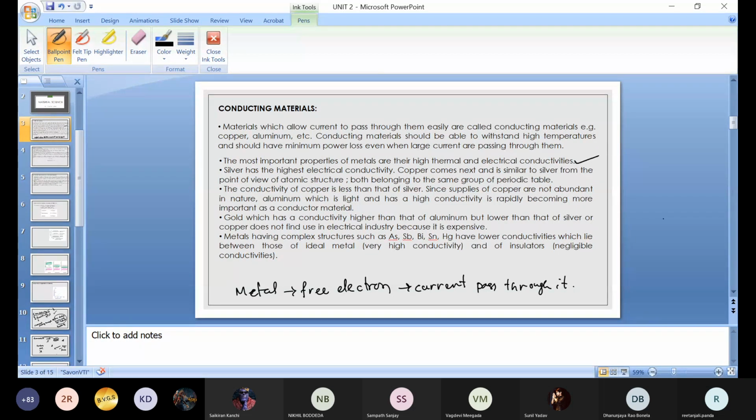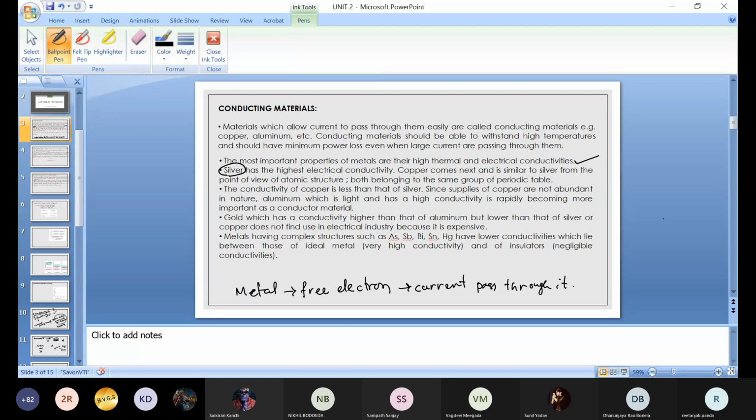Among the metals, silver has the highest conductivity. But still we cannot use silver because of its high price.